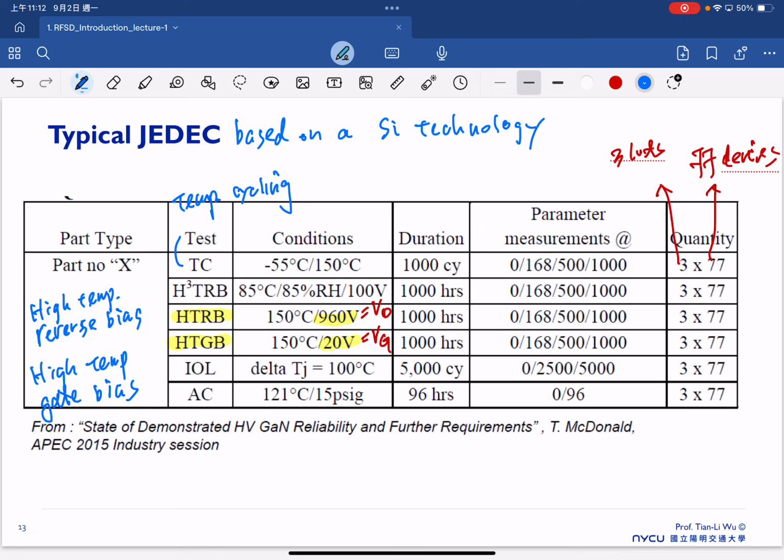So if we face a new technology, we have to first understand the failure physics, and then we come up with a new JEDEC standard. That's what the entire society is continually working on, because every new technology has a slightly different failure mechanism, and we have to understand it. After we understand, we have to define the new standards.